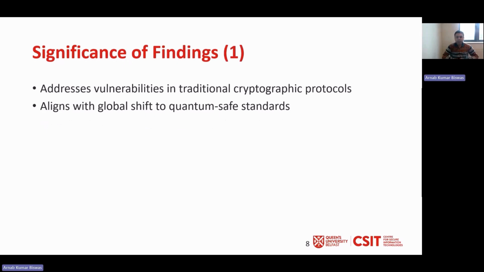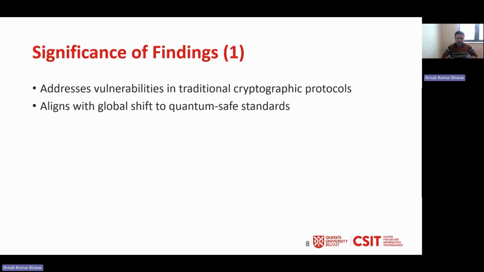As I said, this was an initial design stage, and we have not yet received all the results. So I can only say what kind of results we are observing and the main significance of those findings. It points to some advantages. Of course, it addresses the main vulnerability in traditional cryptographic protocols.